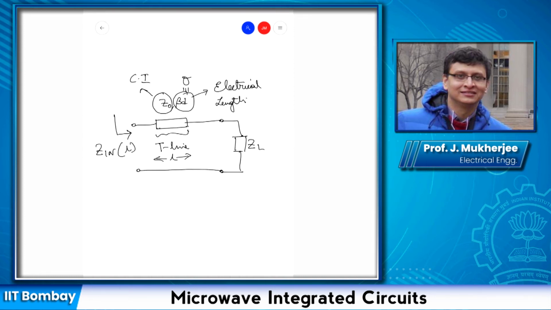So what will be the value of Zin L? Again, if we use that formula, beta L. Okay, so let me erase. It should be beta L, because now we are considering the complete length of the transmission line.